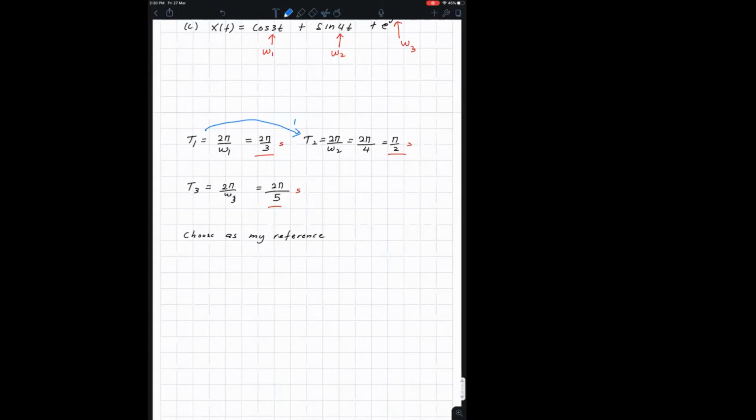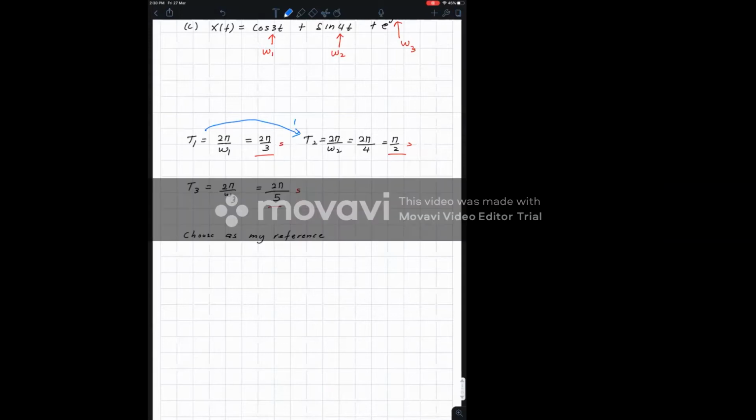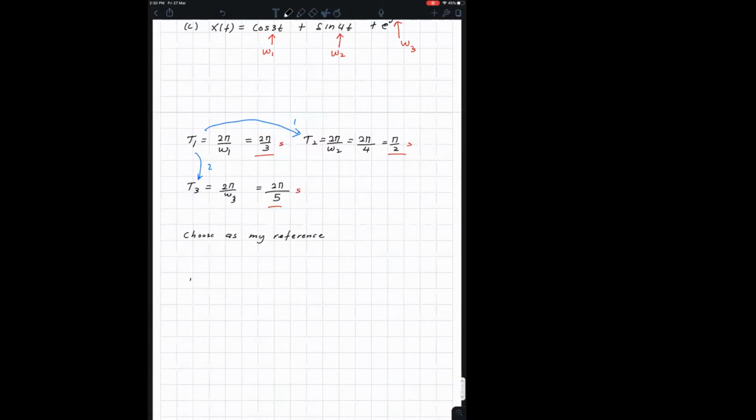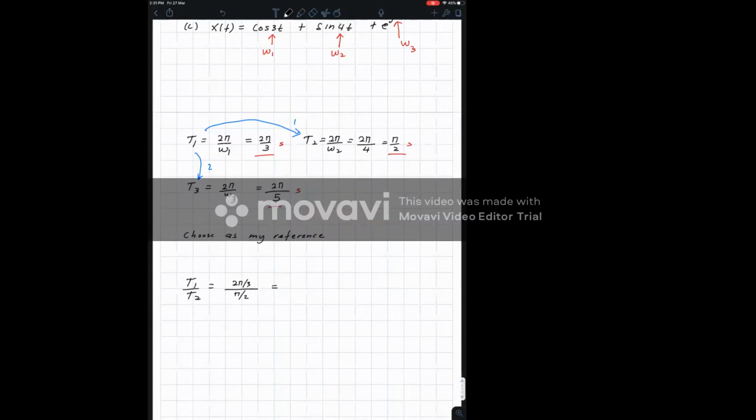So let's do T1 over T2. T1 is 2 pi over 3 divided by T2, pi over 2. It's going to be 2 pi over 3 multiplied by 2 over pi.